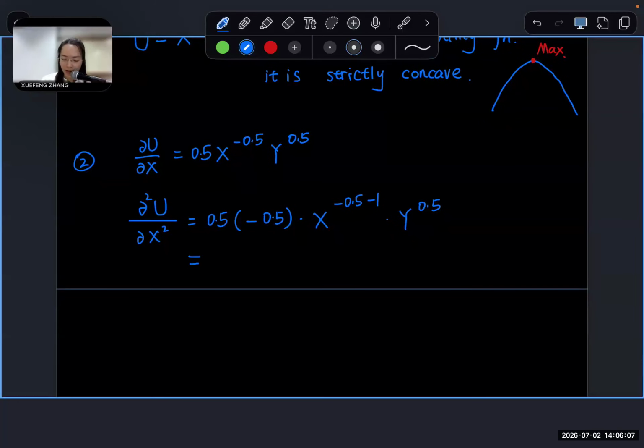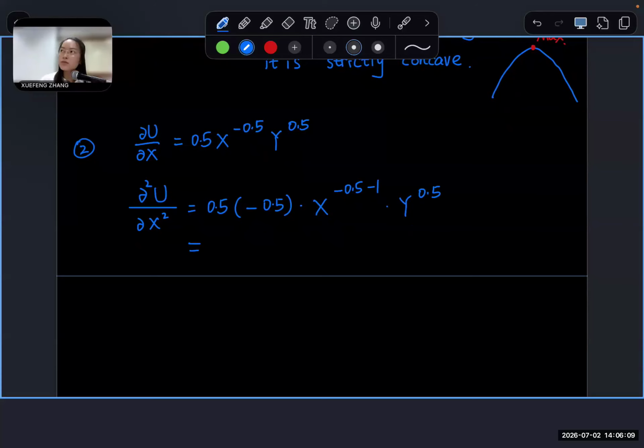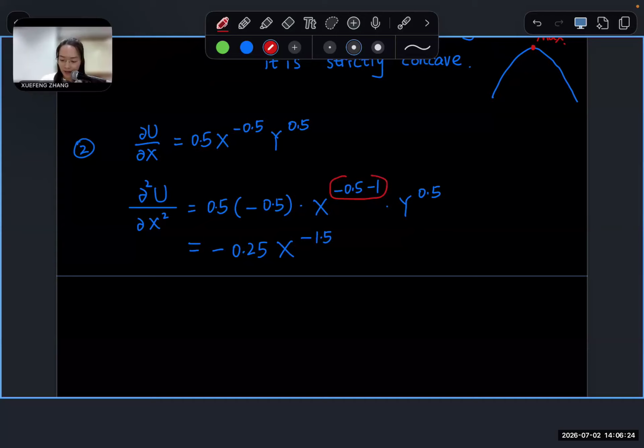So here we have negative 0.25 x to the power negative 1.5, y to the power 0.5.